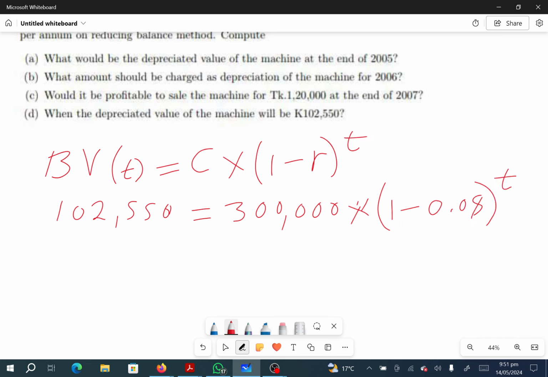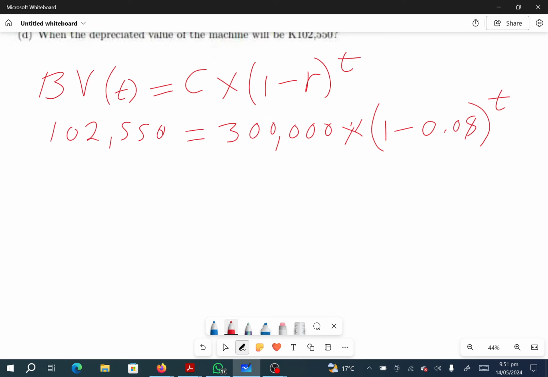So we can now solve for t, which is the time in years.